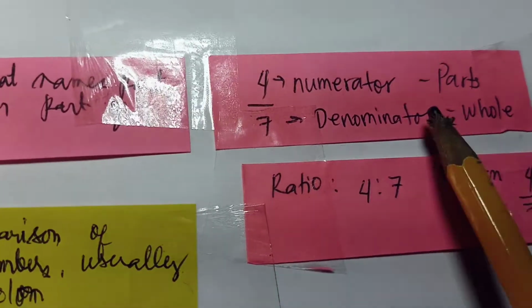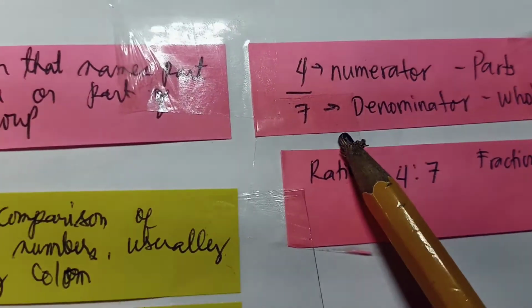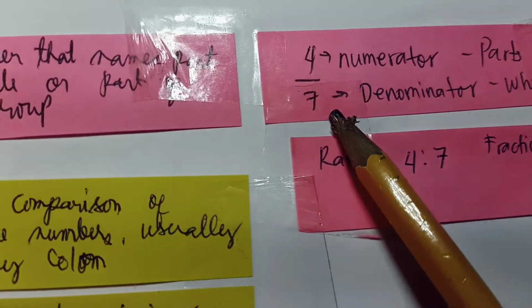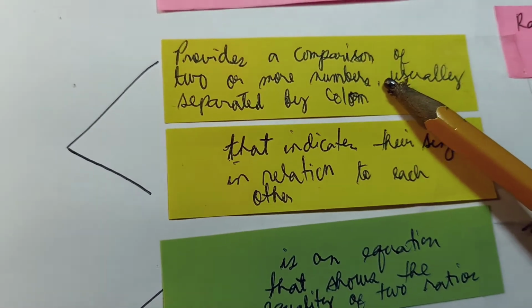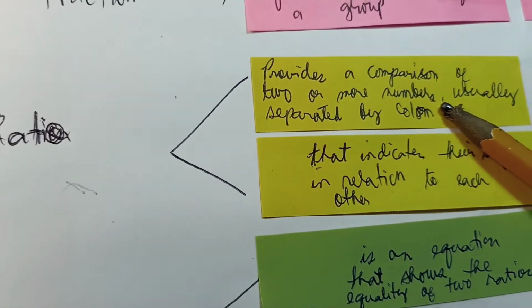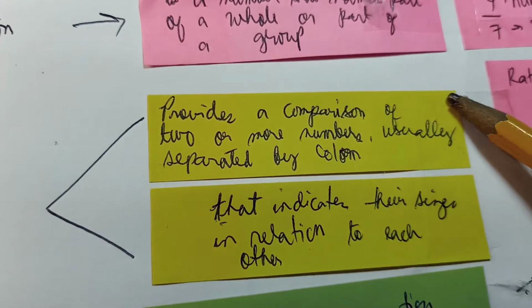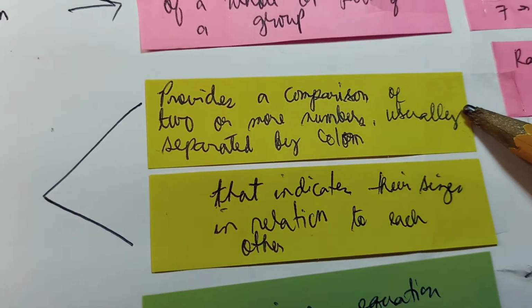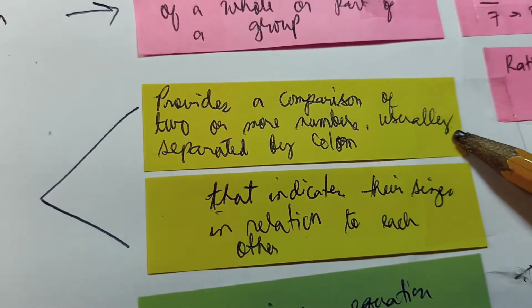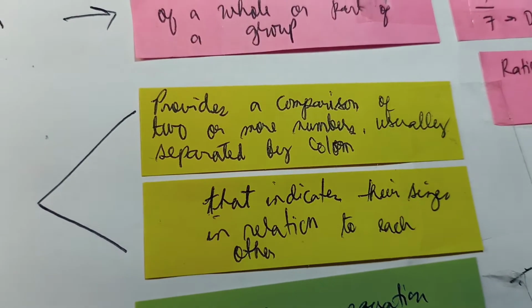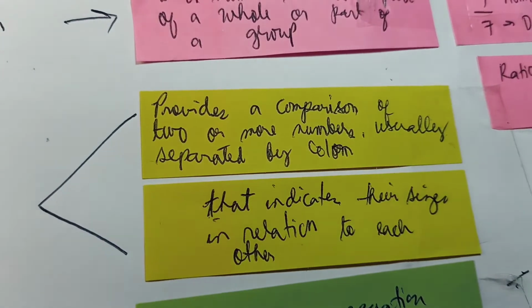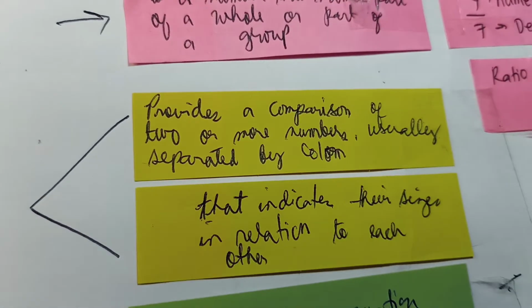So we can change this to ratio, but before that, we will first familiarize the meaning of ratio. Ratio provides a comparison of two or more numbers, usually separated by a colon. Colon is the two dots.